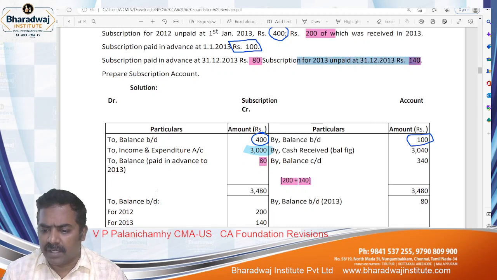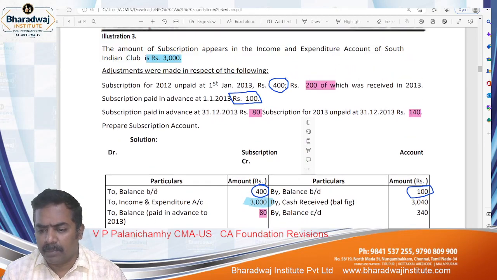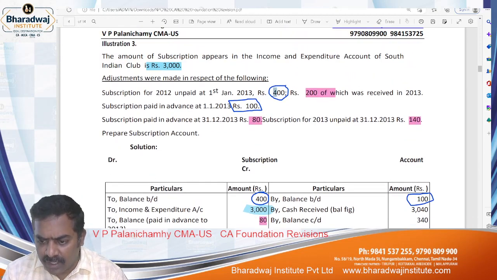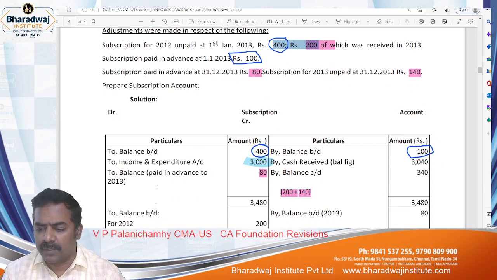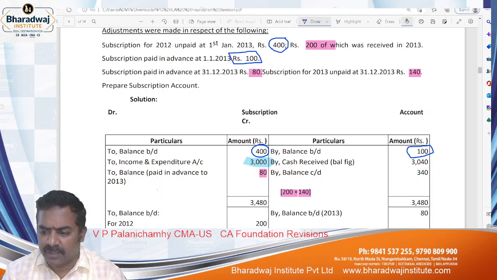Receivable at the end of the year is how much? 140 plus 200. Out of the 400 opening balance, we collected only 200, and the balance 200 is receivable. So 200 for the opening balance plus 140 for the current year, totally 340. The income and expenditure account is given, so what we find out is a balancing figure.